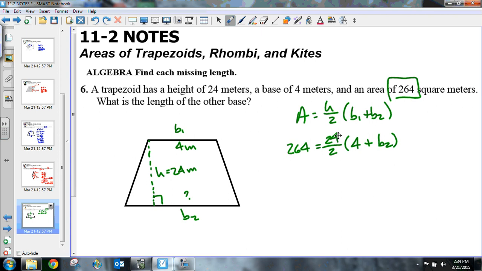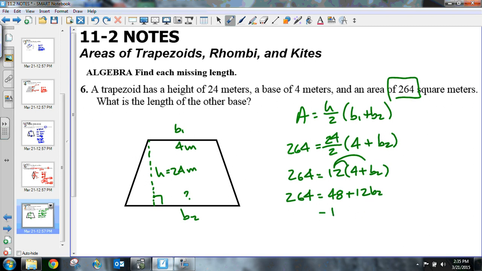Solve for that. Okay, I can simplify 24 over 2. I get 264 is equal to 12 times 4 plus b sub 2. There's a number of ways to solve this, guys. I think one of the ways, let's just go ahead and distribute this 12 here. And so we have 264 is equal to 12 times 4 is 48 plus 12 b sub 2.